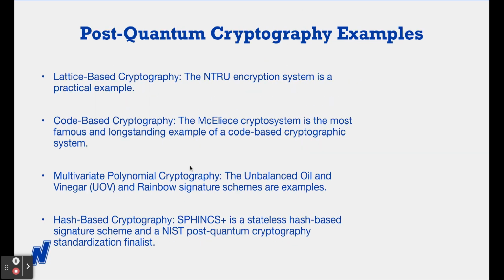Okay, and here are some examples of post-quantum computing ideas that they're proposing. When we talk about lattice-based cryptography, we talk about the NTRU encryption system as a practical example, which is actually just in theory as of right now. It's one of the finalists in the NIST post-quantum standardization process and is being considered as an alternative to current public key systems in the future.